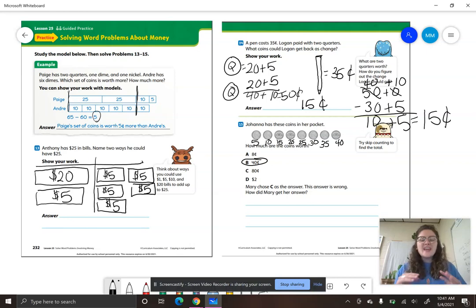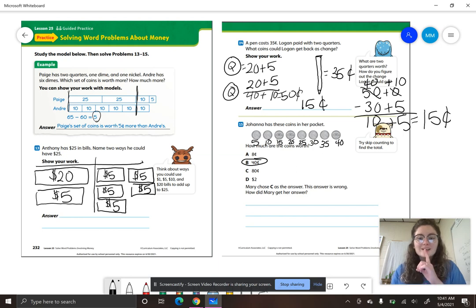If I have 8 coins, what can I skip count by to get 80? Not twos, not fives. 10, 20, 30, 40, 50, 60, 70, 80.